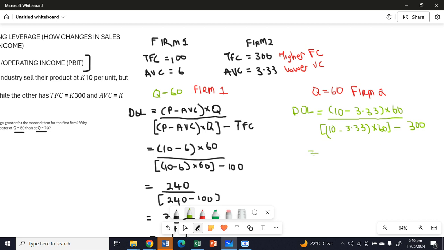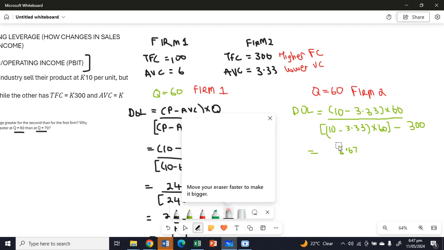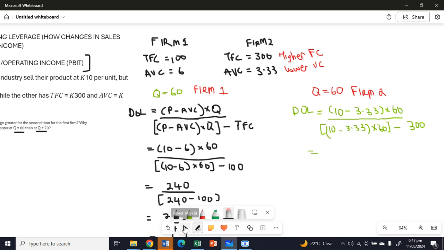Okay, so 10 minus 3.33 is 6.67, times 60, that is 400.2.